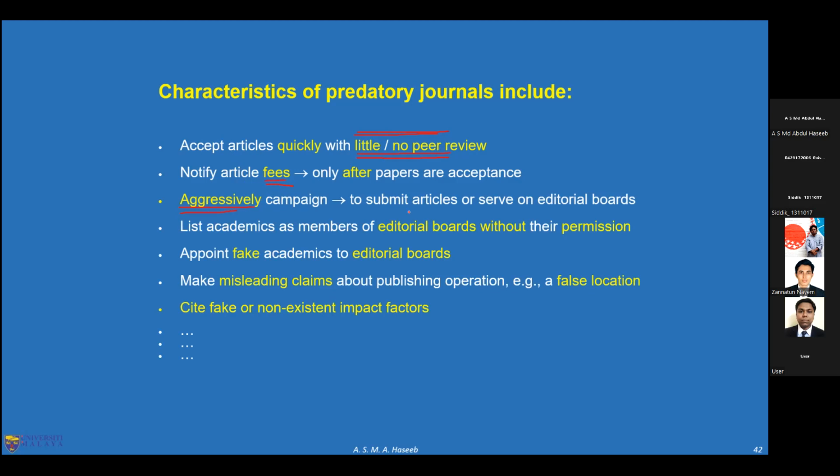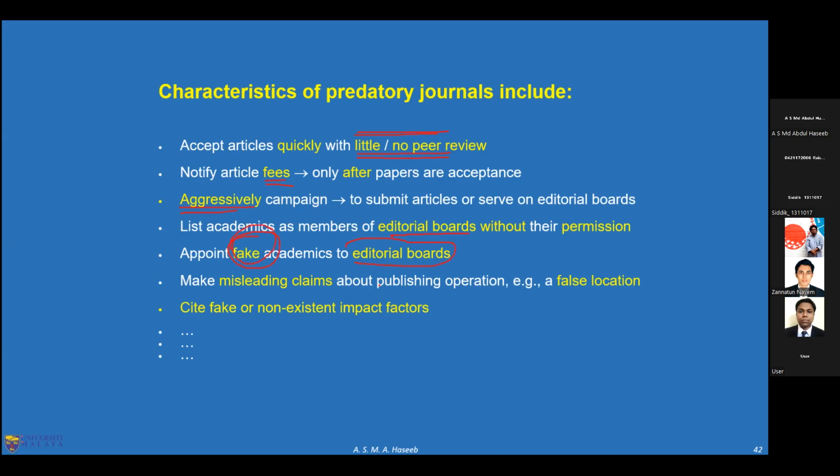You will find some good websites where they show editorial boards of famous people, but often they don't get any permission from them. So they are just tricking you. It's just fake.